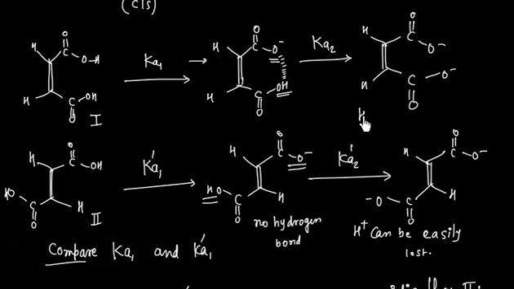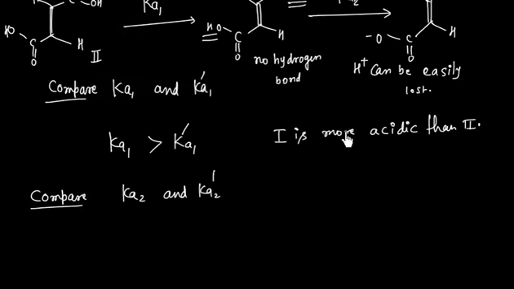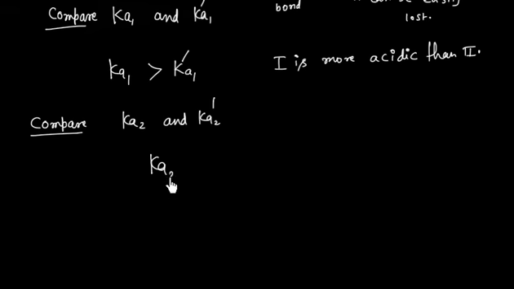So in this case we have hydrogen bonding. Hydrogen bonding makes it difficult to lose H plus. So in this case it is not easy to lose H plus. So this means this is more acidic, this is less acidic. So Ka2 dash is greater than Ka2.